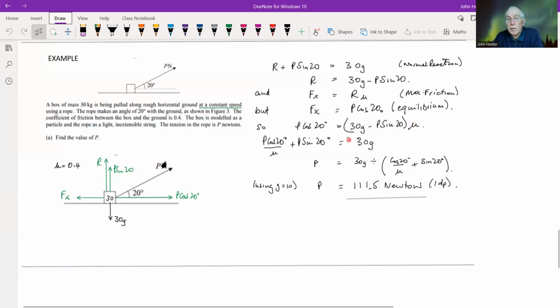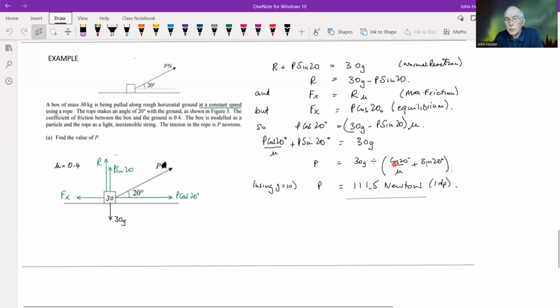Okay, so now we've got a nice fully formed equation with only one unknown. All these things are known. We know these two. We know sine 20. We know mu. So essentially, we just have to do a bit of reorganization now, to get P on its own, explicit in P. Work that through.